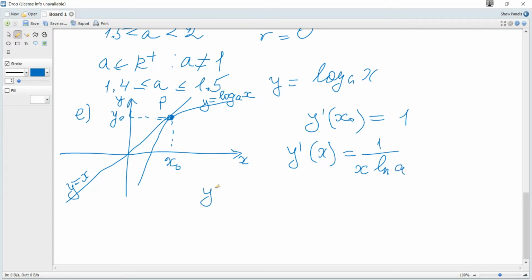So the derivative at point x0 is 1 over x0 ln a, and it must be 1. And we need to just solve it.